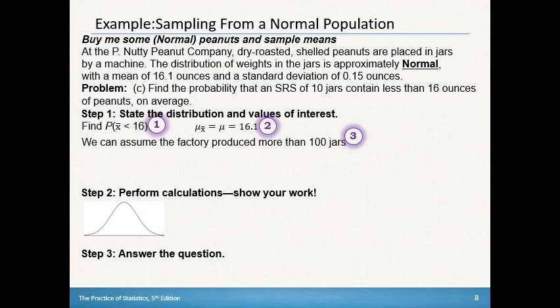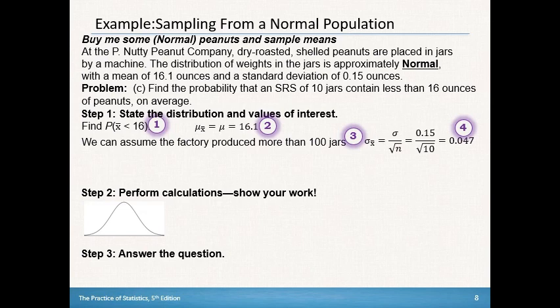But before we check that, we really need to check that we are not sampling more than 10% of our population. And so we can safely assume that the company is going to make more than 100 jars of peanuts. And so then and only then are we now allowed, since we checked our 10% condition, to calculate the standard deviation of the sampling distribution.